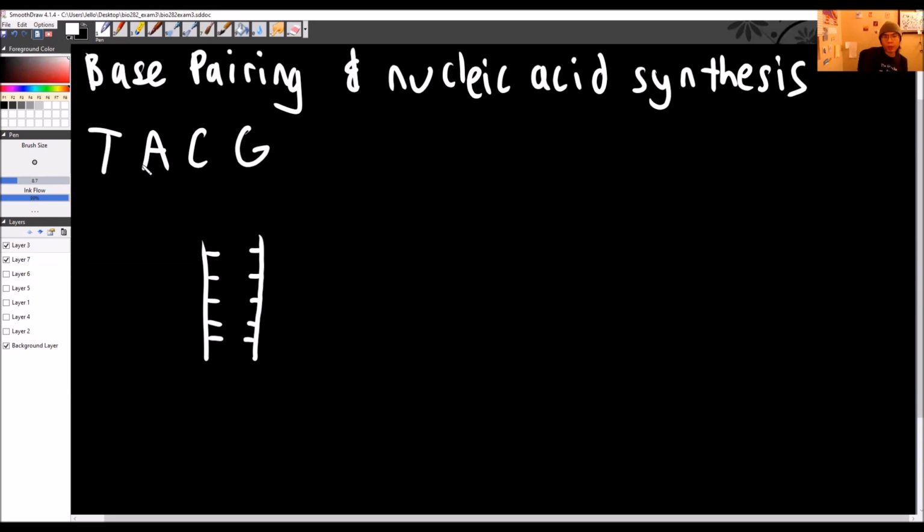We have base pairs that connect with each other. So T pairs with A, C pairs with G, A pairs with T, G pairs with C, T pairs with A. What's happening all down this line are H bonds.